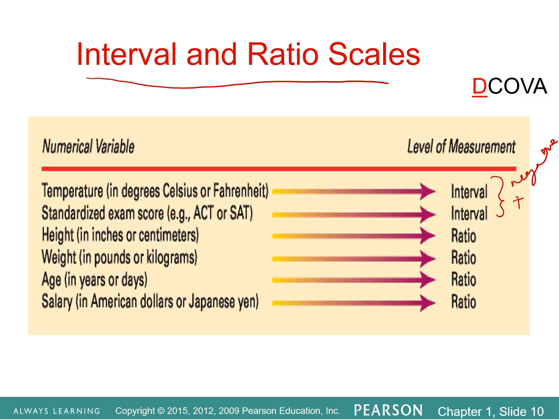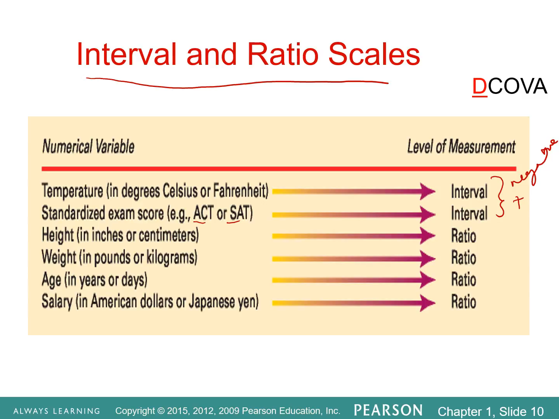It's really cold, but it is a valid temperature. The standardized exam scores such as ACT or SAT, while yes, you can get a 0, they have typically average scores, right? And you can also have a negative score as well, depending on how many problems you get wrong.